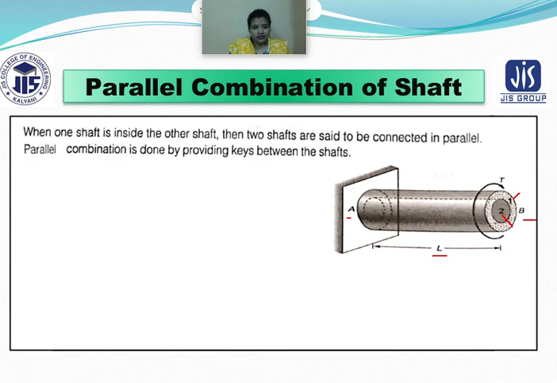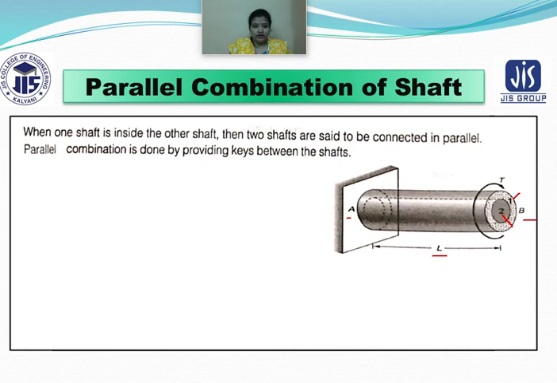So in parallel combination of shaft, what idea are we having? When one shaft is inside the other shaft, the two shafts are said to be connected in parallel. And the most important thing is that parallel combination is done by providing a key between the shafts.